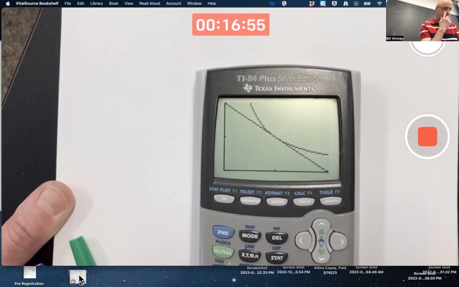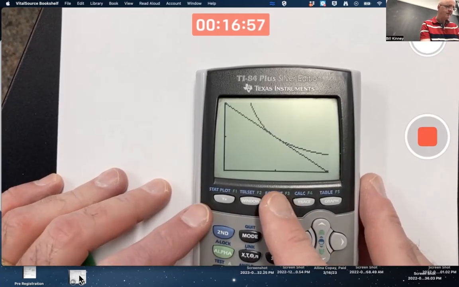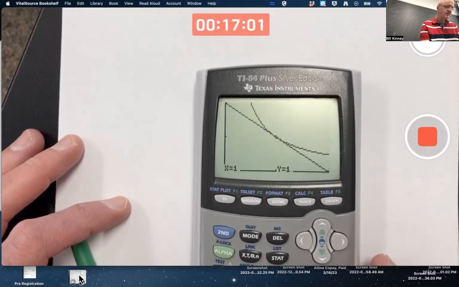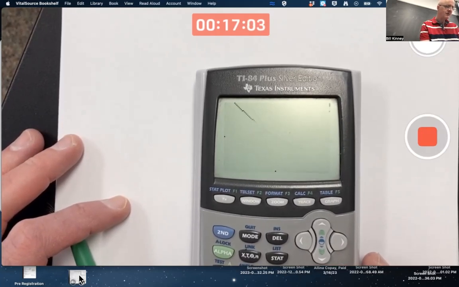If we zoom in, I could use Z-box, I'll do a zoom in. So it zoomed in closer. You're now closer to the point 1, 1. You can see the tangent line is looking more and more like a better and better approximation of the curve.